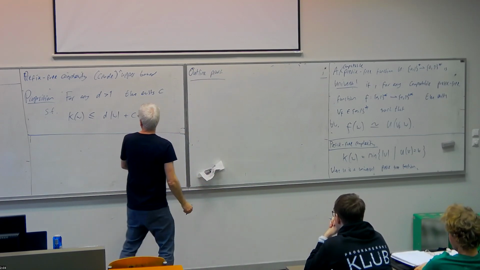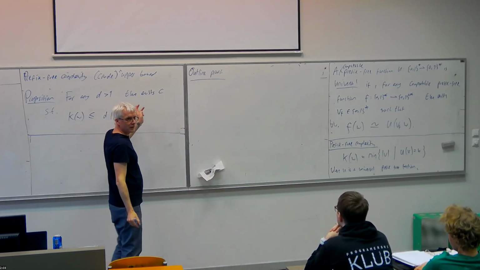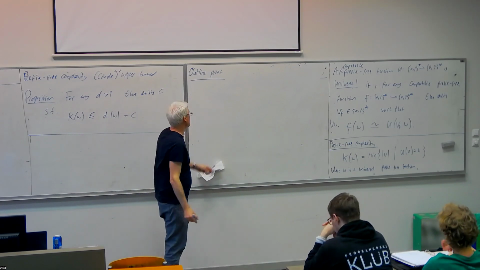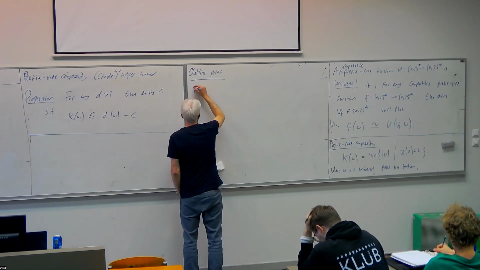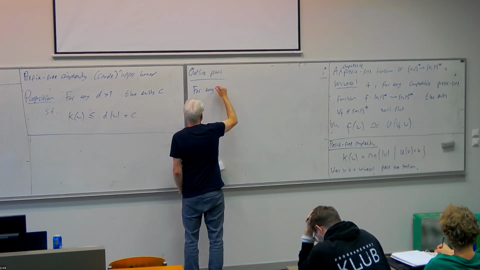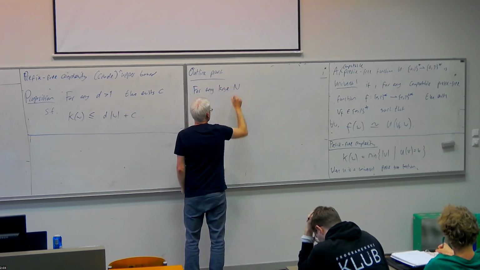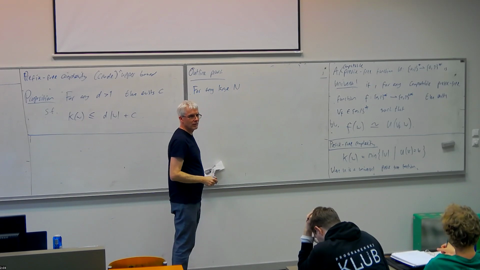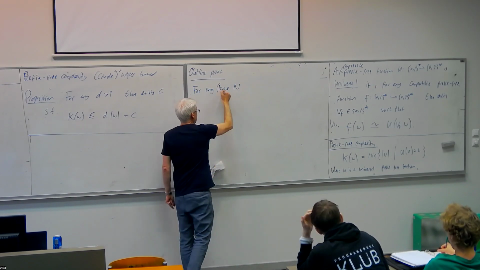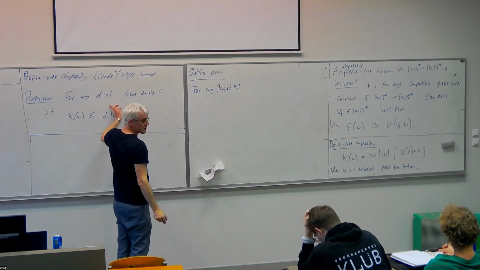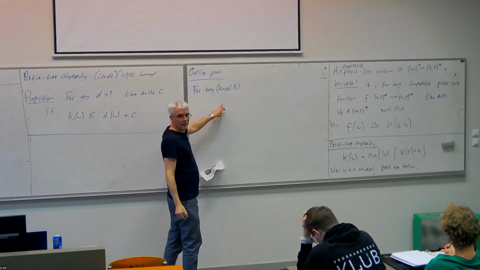So the outline proof, I'm not even going to involve d in it. I'm just going to give the general idea, which is for any large n, it doesn't even need to be large, but we can make it large, and the smaller d gets, the larger n needs to get.